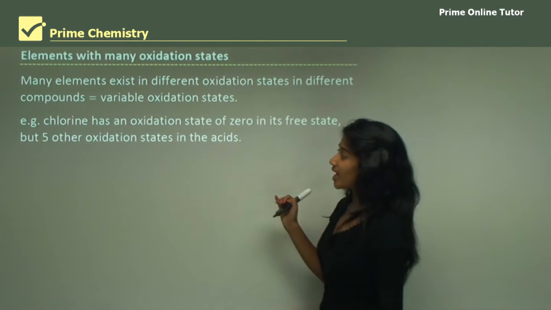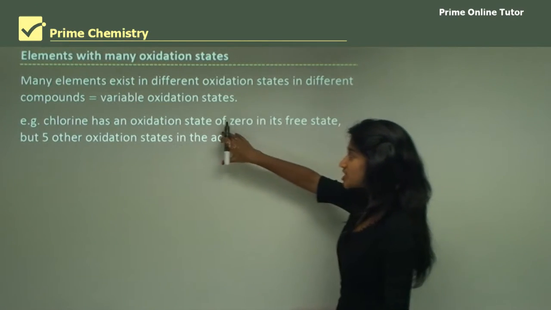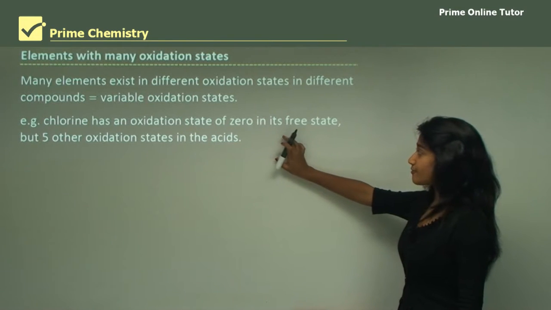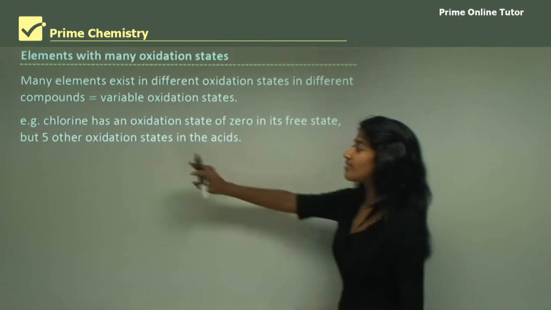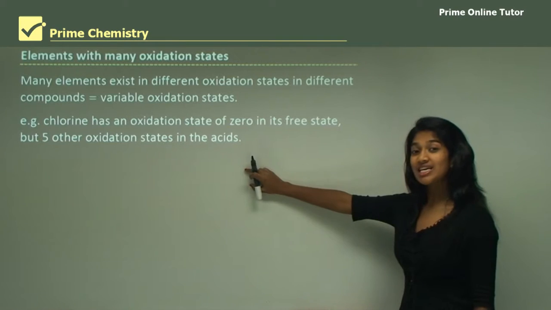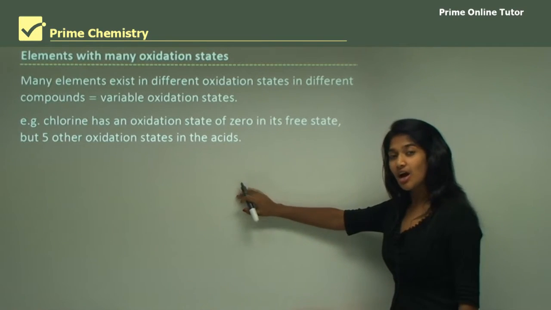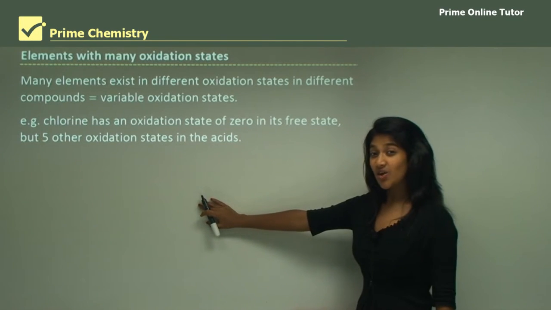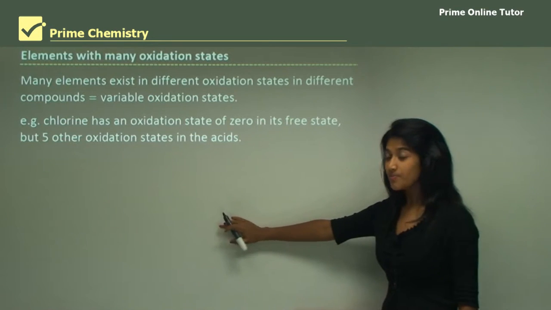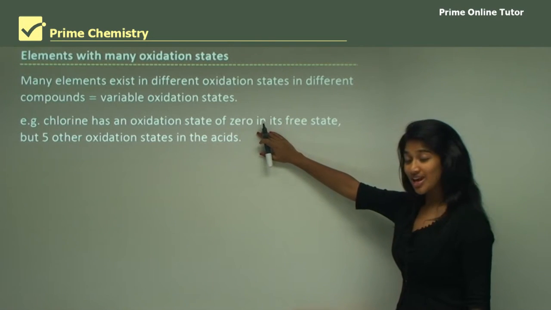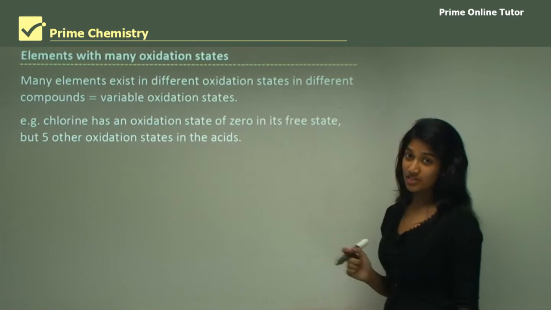For example, we have chlorine, which has an oxidation state of 0 in its free state, but other oxidation states in acids. In hydrochloric acid, its oxidation state is -1, but in its elemental state, it has an oxidation state of 0.